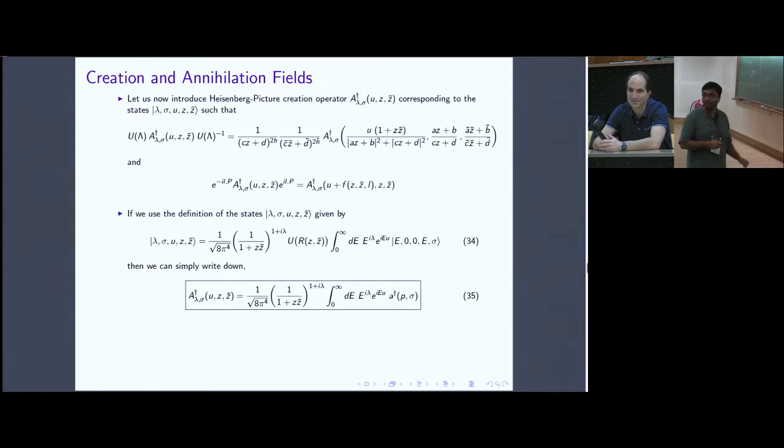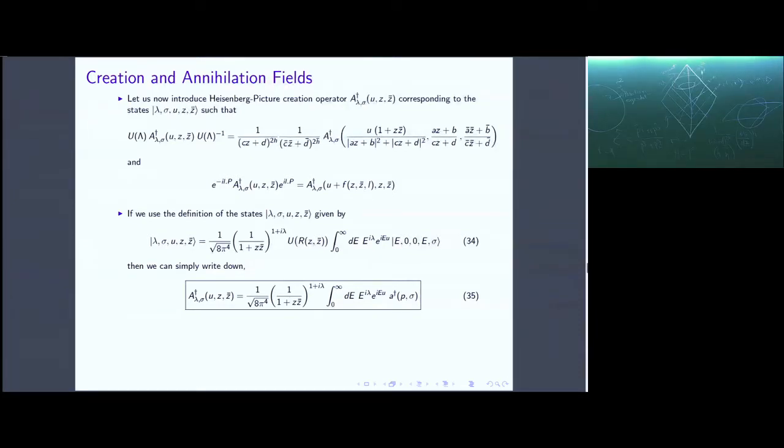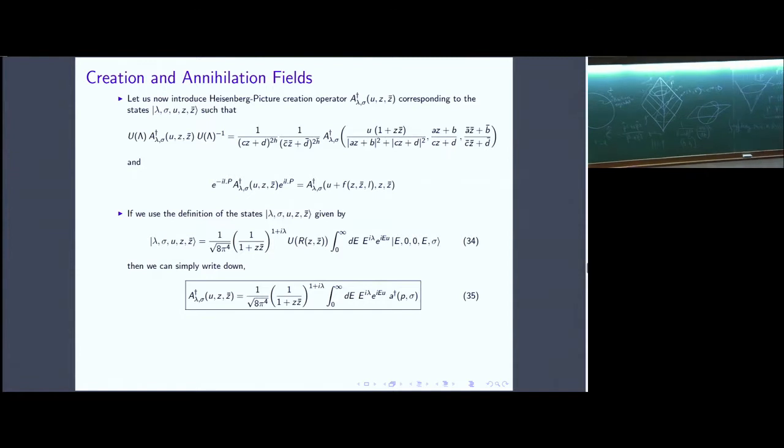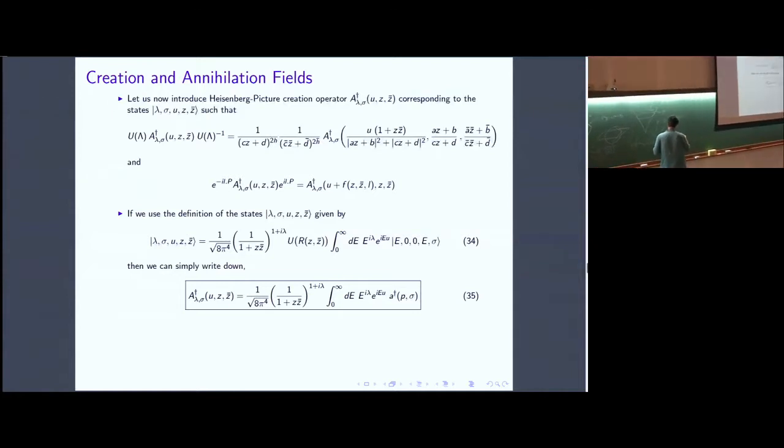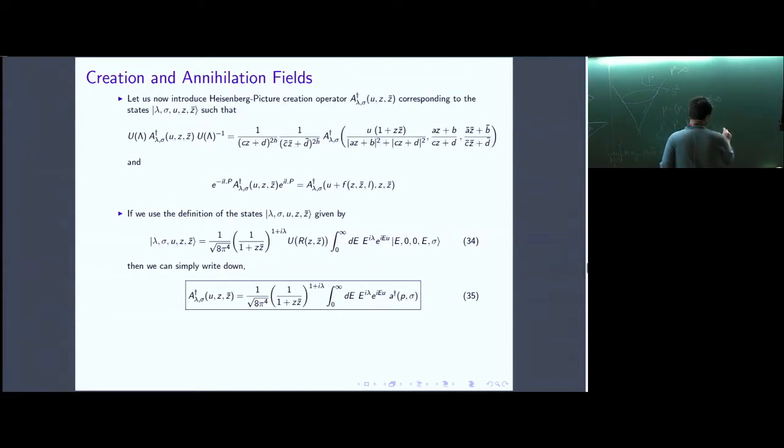What is happening here is that these lambdas are not conserved quantum numbers. So for example, let's look at this state, which is of course an operator. There is some kind of very non-local relation between the change in lambda and the change in u, and the relation is something like del u is something like exponential of i del lambda. So by acting on this, by changing u and lambda, you can see that it annihilates this thing.